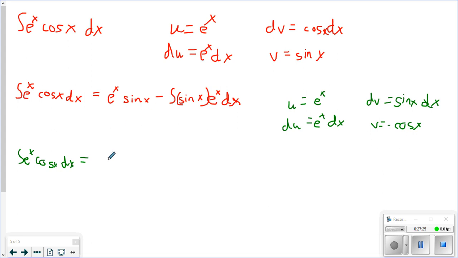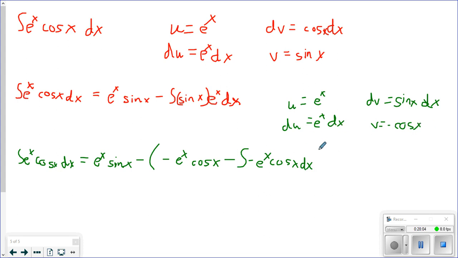So it's going to be e to the x sine of x minus u times v, which is negative e to the x cosine of x, putting the exponential first just because that's typically how we'll do it, minus the integral of e to the x times negative cosine of x. So minus e to the x cosine of x dx. So we've got that, right?